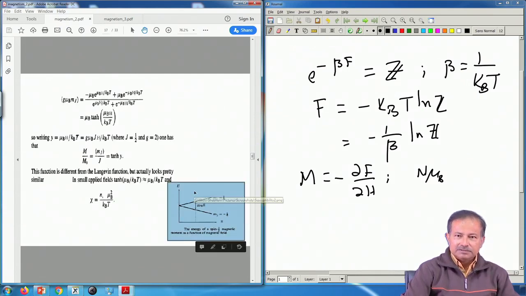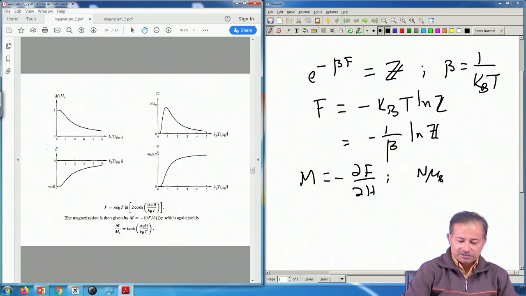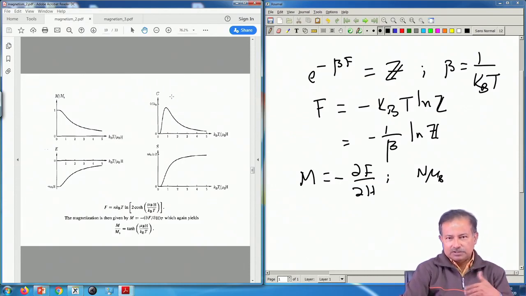These kinds of specific heat curves are called Schottky curves, and this is called a Schottky peak. They appear when you have this kind of resonance between two states, for example, where you can excite one to the other as you supply energy.